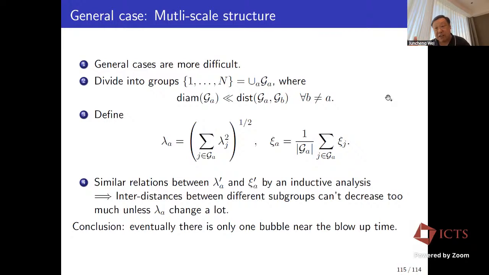The solution is L2, but there's one kernel which corresponds to the Kelvin transform. That kernel is not L2, and this is a big problem. Most of the kernels are in L2, and there's only one kernel which is not L2.